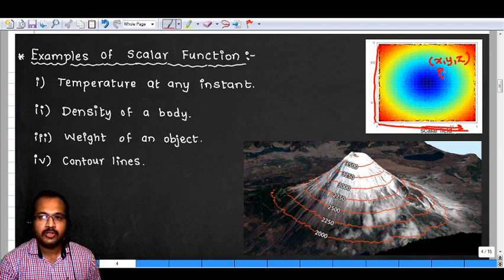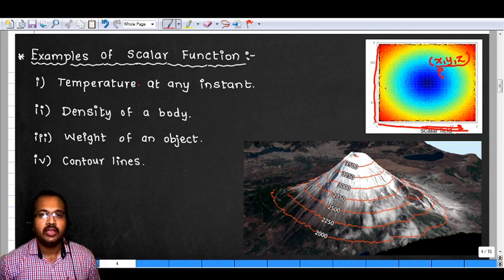So the value of temperature depends upon the position of that point, and there is no other rule which is applicable for that temperature function. In simple words, temperature is a scalar function which depends upon values of x, y, z, and there is no other rule involved in it.